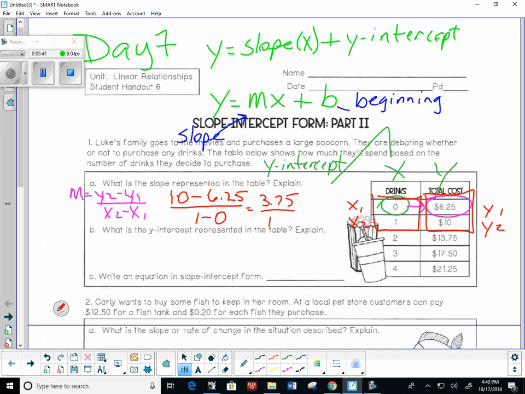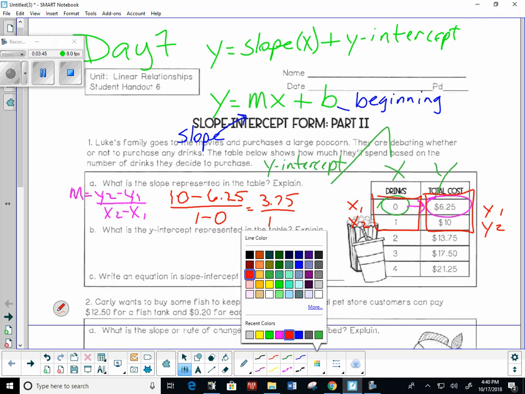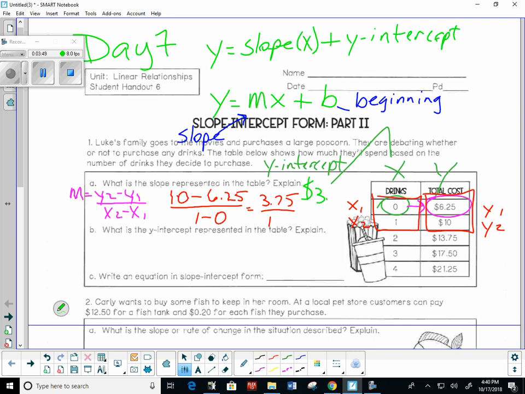So what does that represent? It should represent about $3.75 per drink. Okay, so what does the y-intercept represent?